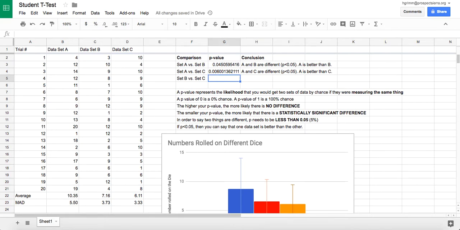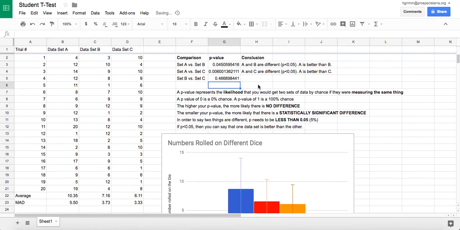So now let's compare set B and set C. Again, equals t-test, open parentheses. I'm going to highlight my first data set, which in this case is set B, comma. I'm going to highlight my second data set, which in this case is set C, comma, 2, 1, close my parentheses, hit enter.